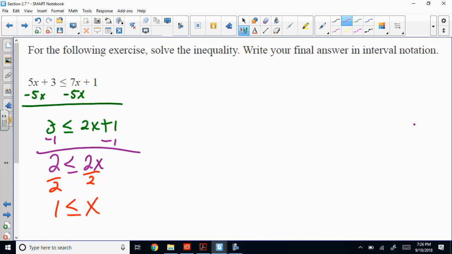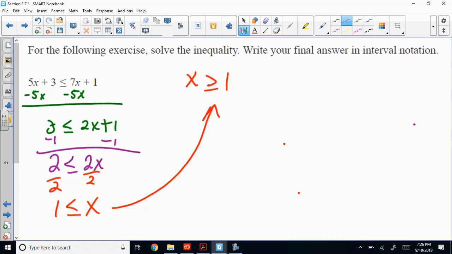Okay, so I'm going to show you a trick on this. And I hate to say it's a trick. I flipped it, right? How did I flip it? I wrote it backwards, but I want you to see something.